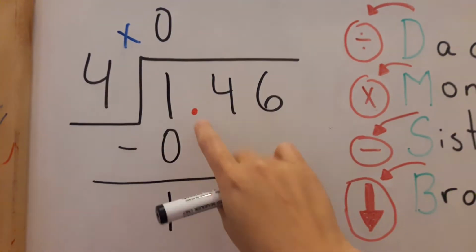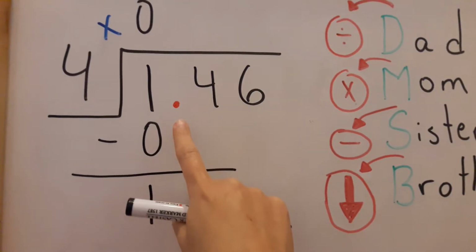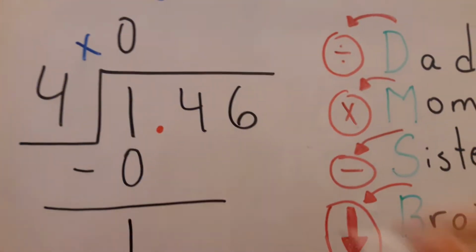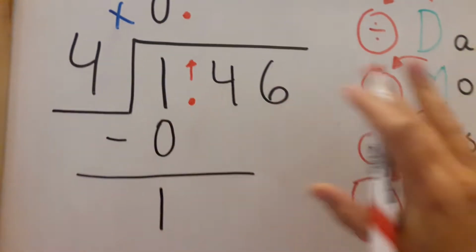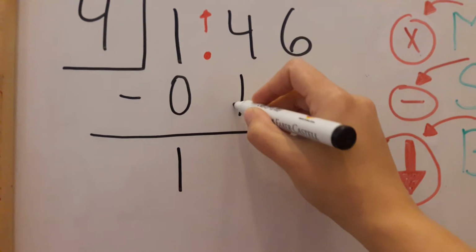Now we reach the decimal point. What are we going to do with the decimal point? We're going to bring the decimal point up. And then continue. Now bring the 4 down.